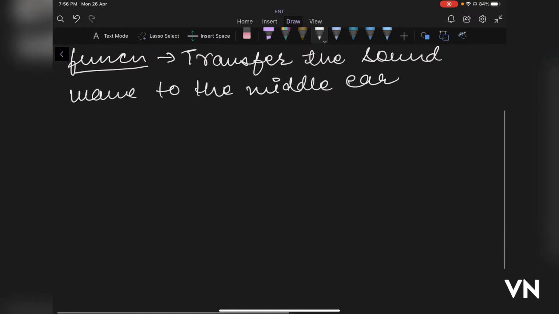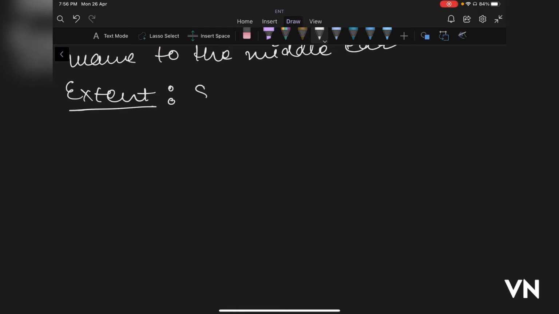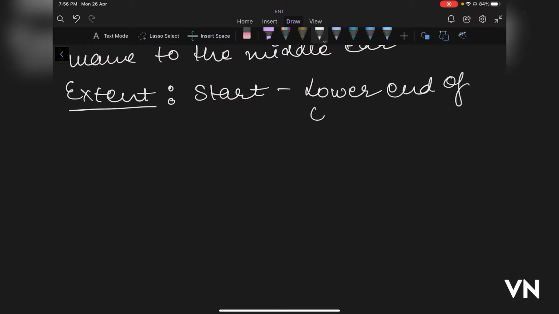So now, extent. So where does it start? It starts at the lower end of the concha. Now in the anatomy of the pinna video, we had discussed that concha is the opening of the auditory canal, so that it will start at the lower end of the concha.